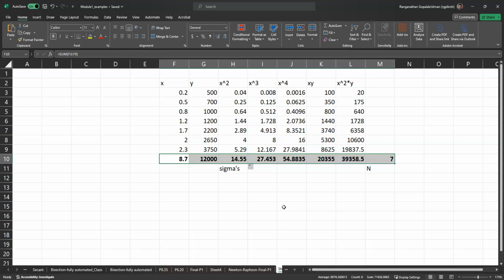Sigma y is 12,000. n is 7, so that is 7 a naught plus a1 times sigma xi, which is 8.7, so 8.7 a1 plus sigma xi squared, that is 14.55 a2.